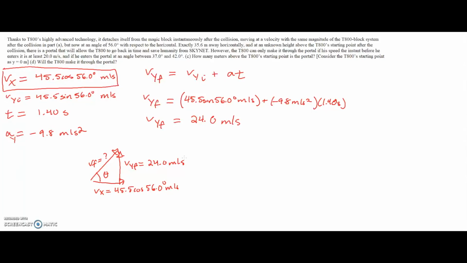Now, it's kind of like a triangle, so we have to find the hypotenuse to figure out the final velocity of the T800. Using the Pythagorean theorem, the velocity final will equal the square root of the velocities squared added to each other, so VYF squared plus VX squared.